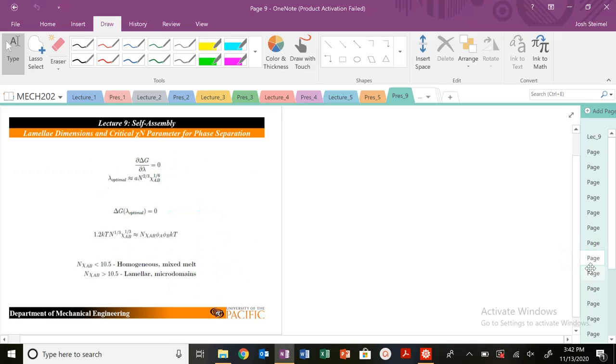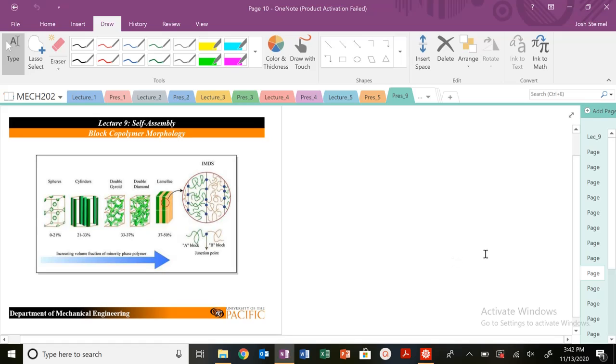So many beautiful derivations here. I know that if my volume fraction, my phi A, is between, well, this is in percent, but this could just be 0.21. If it's here, I'm in spheres. Here, I'm in cylinders, then double gyroid, lamella.